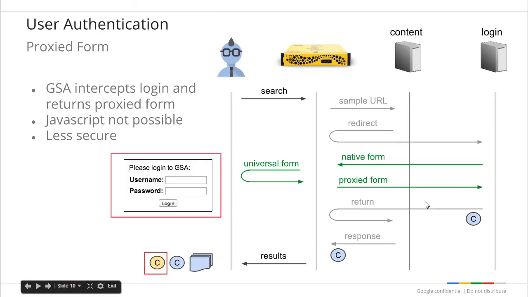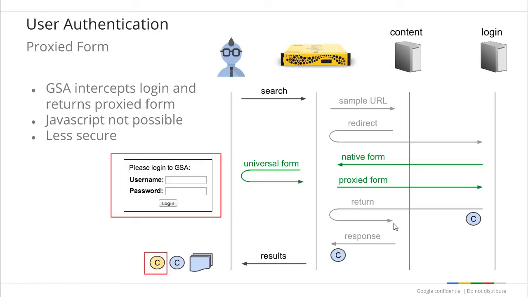The login server responds with a cookie, marking the user as being logged in, and can use that cookie for authorization of search results. The login server responds with a login cookie and a redirect back to the sample URL for GSA authentication. The GSA can then get success from the content server and use that cookie for authorization of search results.